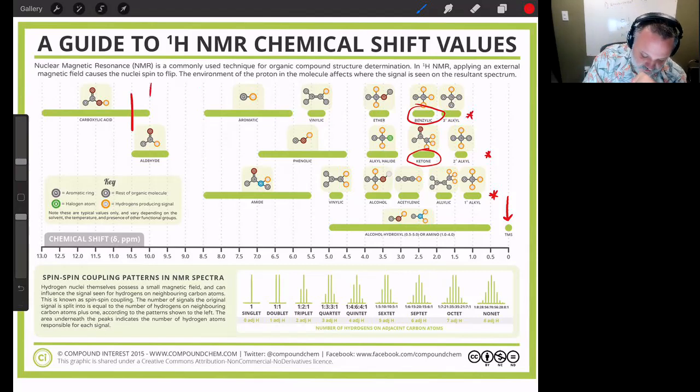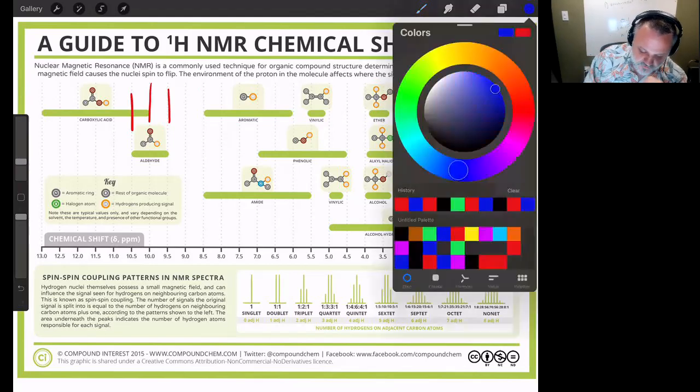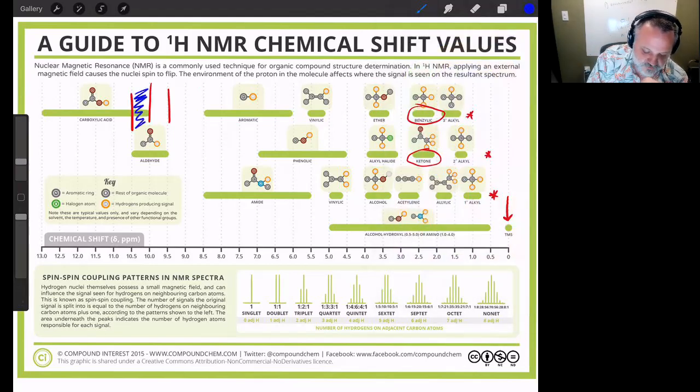The only thing that can appear between 9.5 and 10 parts per million is the hydrogen of an aldehyde. It's only in this regime that there could possibly be any confusion. And so this is why where the signal is in NMR is really, really powerful. Okay, so what we've talked about so far is what NMR is and where the signal is, but there are other aspects to an NMR spectrum, and we need to get to that too.